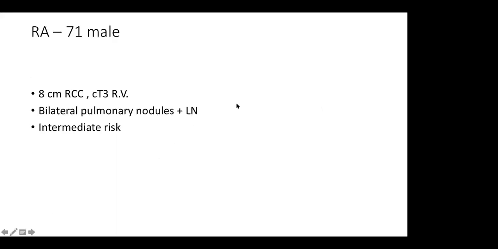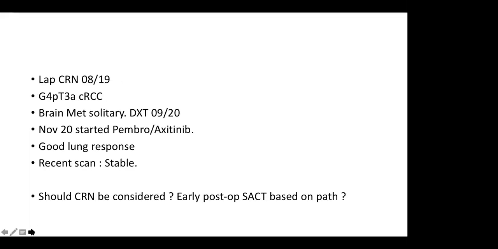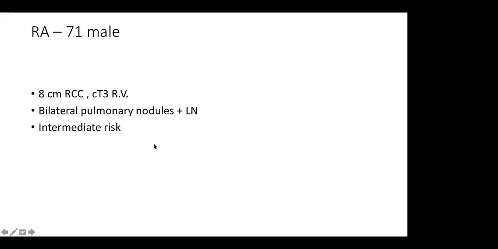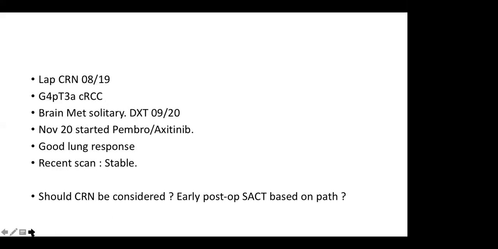And so this is another similar intermediate risk disease, 8-centimeter RCC. I haven't included the picture, bilateral pulmonary nodules plus lymph nodes. So the thing here, again, I'm sure most of you would just say, go for cytoreductive nephrectomy. So this is a case where, again, we have a very aggressive pathology, solitary brain met, he developed about 1 year later only.